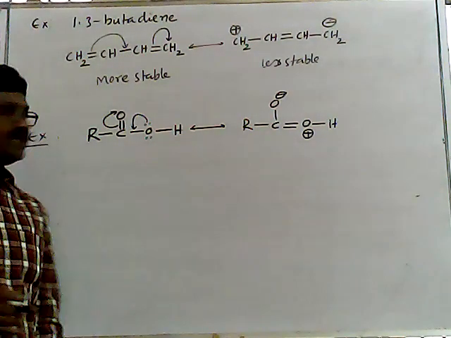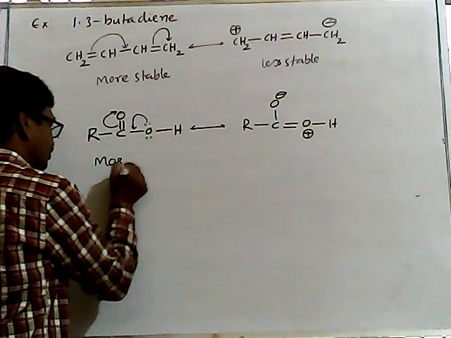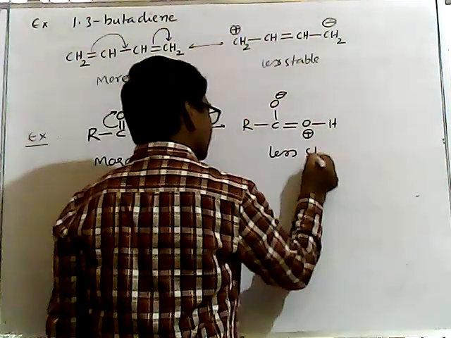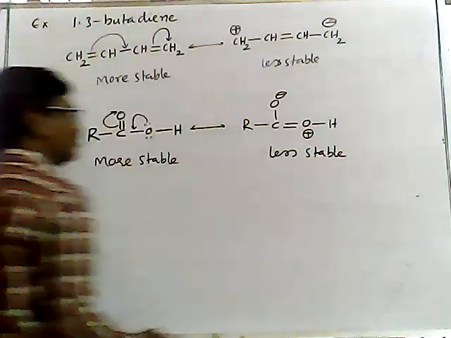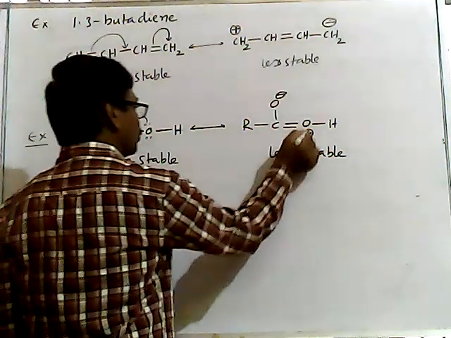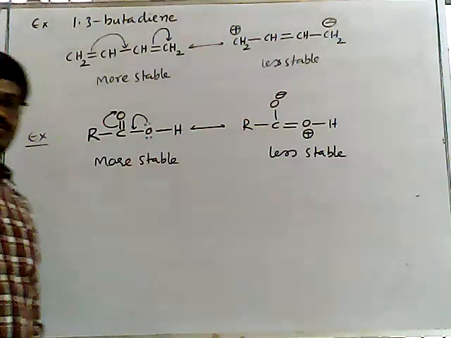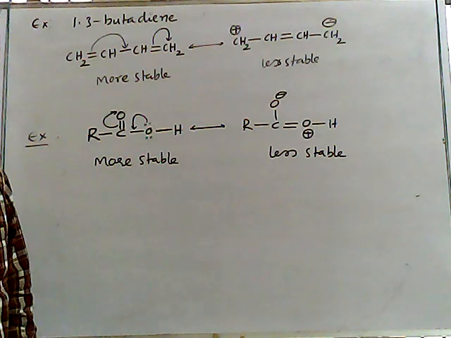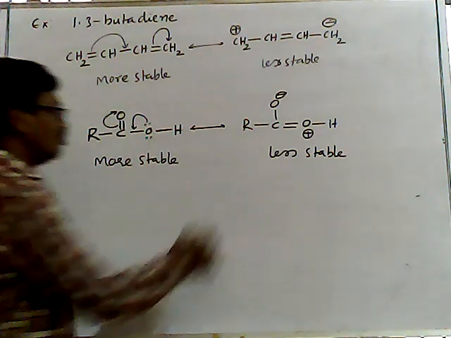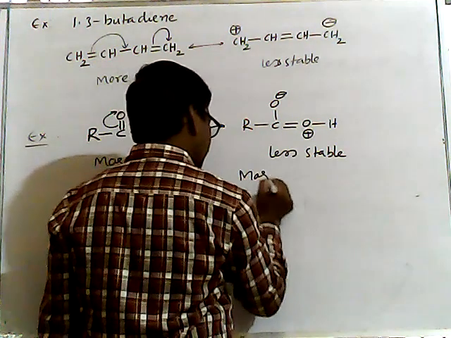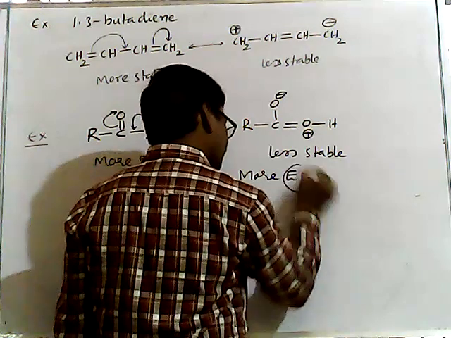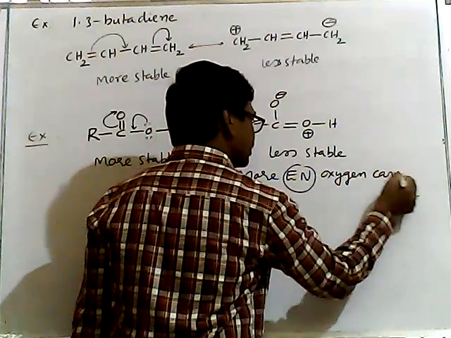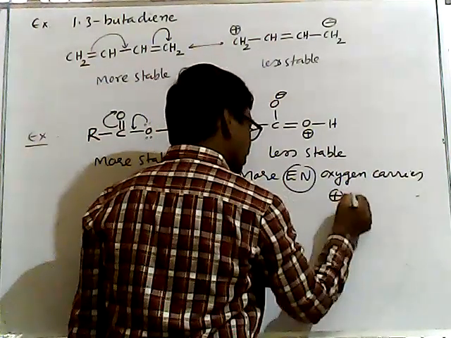So which is more stable now? This is the more stable structure. This is less stable. Why is it less stable? In this structure you can observe a positive charge on the more electronegative atom. A more electronegative atom will not take a positive charge, so it is not stable.